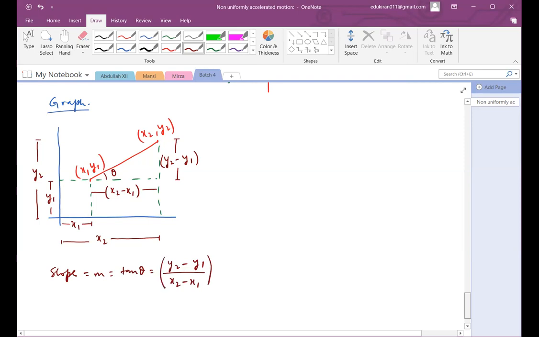Using this, you will be able to calculate the slope of this particular line. Is it clear? Yes, sir. Any doubt?